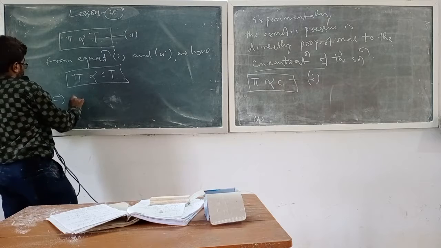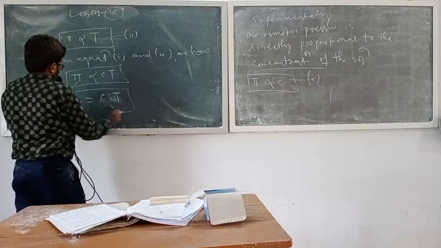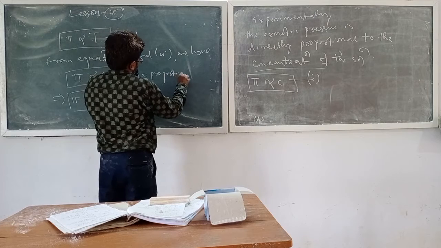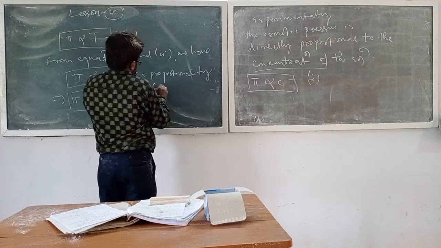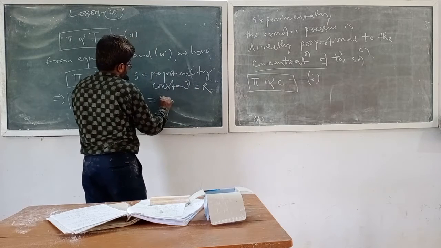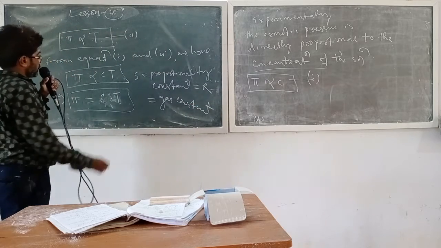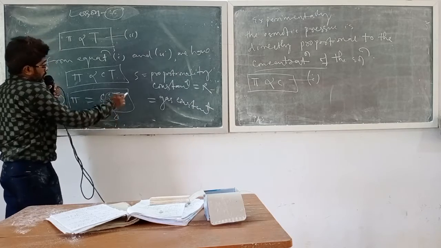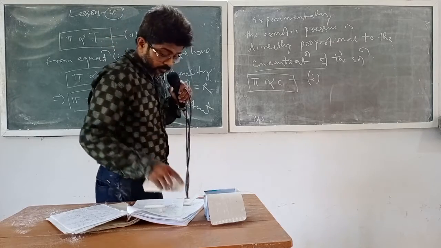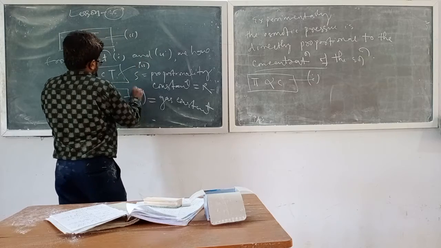That implies pi equals C S T. Here S is the proportionality constant, which is called the gas constant, and its value is similar to the gas constant R. So this is equation 3, and this is equation IV.